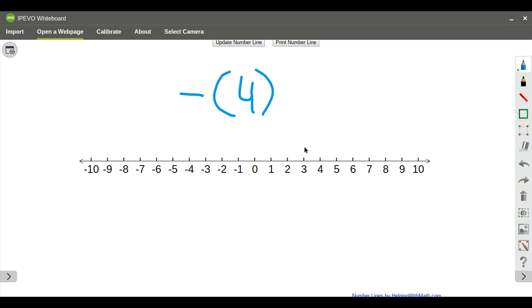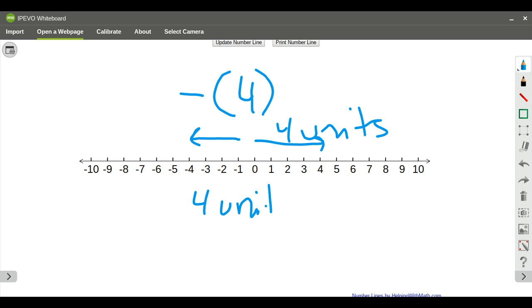So 4 is 1, 2, 3, 4 units away from 0, which means my opposite needs to be 4 units as well. So 1, 2, 3, 4. That's 4 units away. So my opposite is going to be negative 4.